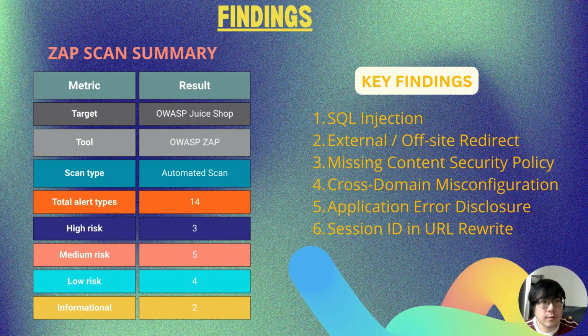The main findings were SQL injection, internal and offsite redirect, missing content security policy, cross-domain misconfiguration, application error disclosure, and session ID in URL rewrite. These findings show that ZAP was useful for finding runtime issues in the running web application.